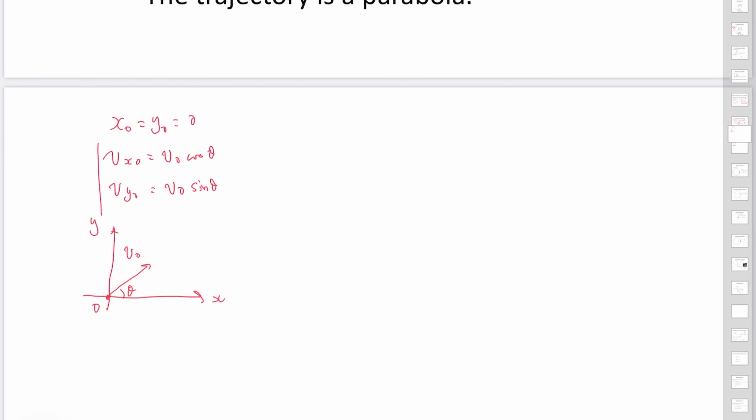You can express the initial velocity using v sub 0 as the magnitude of the velocity, and theta as the angle.